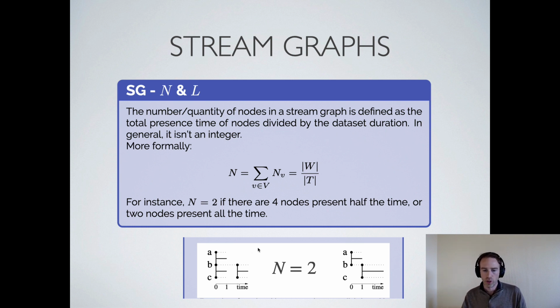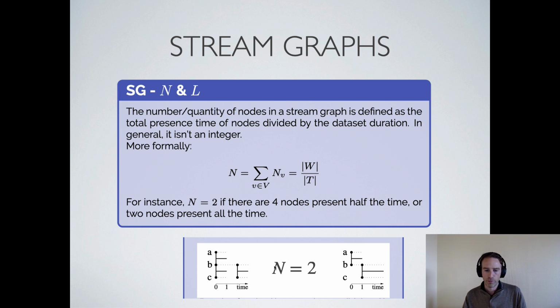And the way to do it is very simple. It's just to compute the sum for all the nodes of their nv, what we have just defined before, the presence time of nodes.